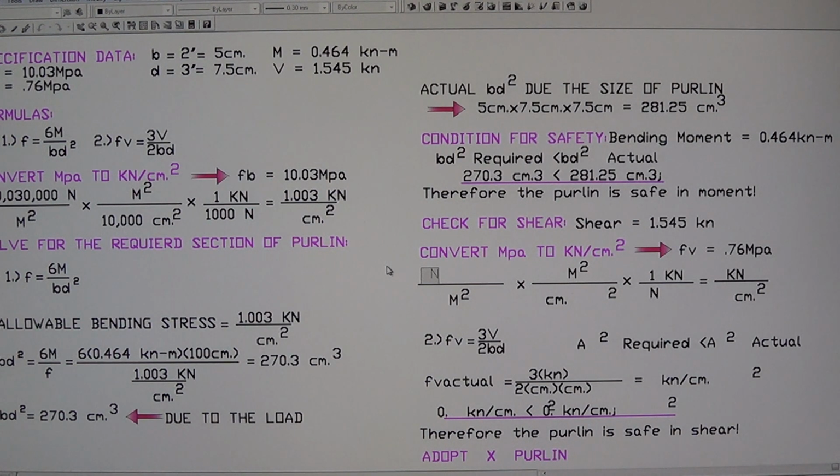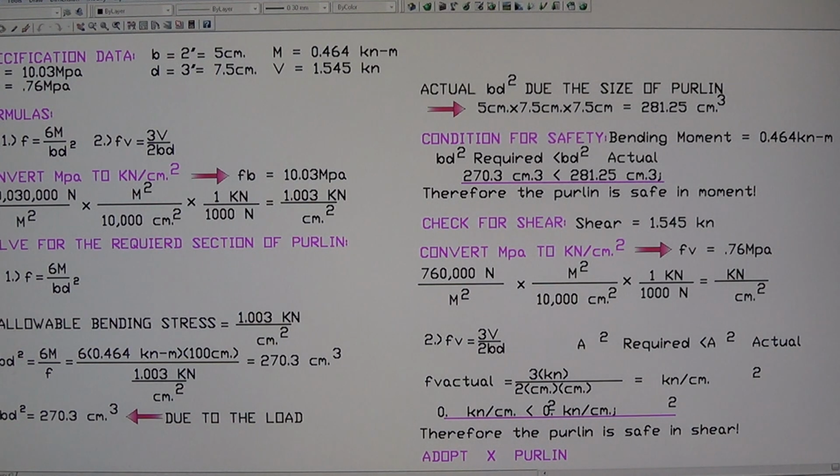This is 760,000 Newton per meter square. Again, in 1 meter square there are 10,000 centimeter square, and 1 kilonewton has 1,000 Newton.